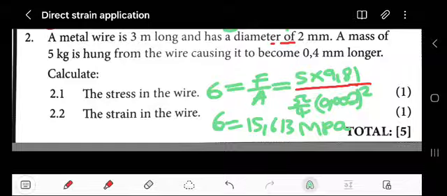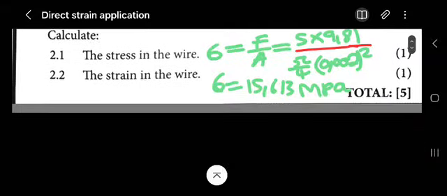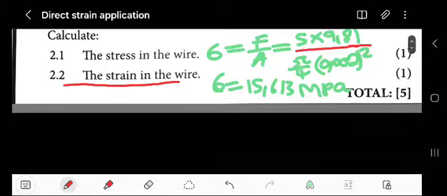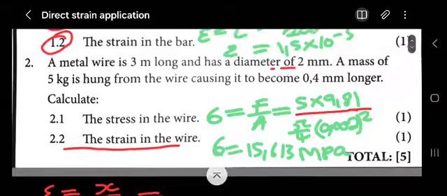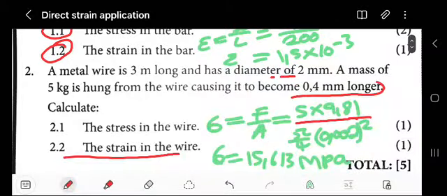1 mark either way. Then here they want the shear strain. We know that the shear strain is the change in length over the original length. Here the change in length is 0.4 millimeters.